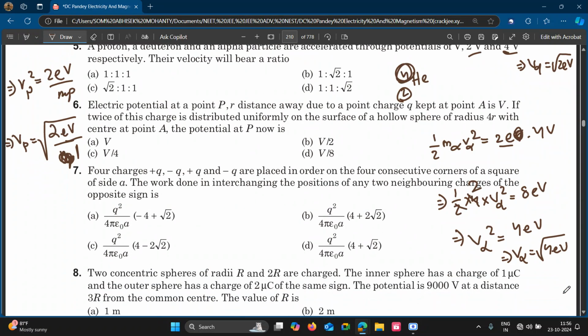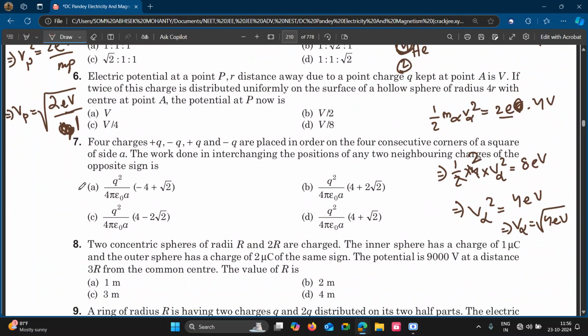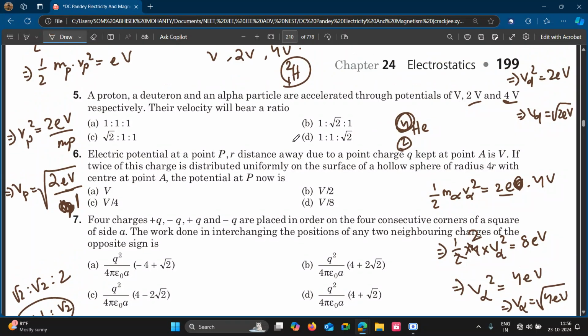So we just have to take the ratio now. Take the ratio: root 2eV, root 2eV and root 4eV. So root 2 is to root 2 is to root 4, that is 2. If I divide by root 2 everywhere, it is 1 is to 1 is to 2 by root 2. So the answer is 1 : 1 : √2. I hope you got it. Please write it down.